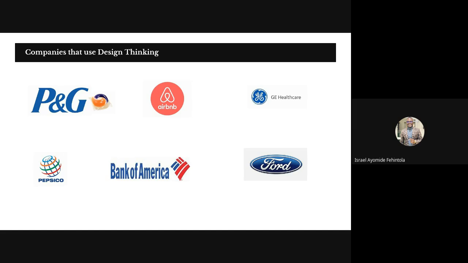Bank of America was not really a new product. It was just a change in the way they operate. So it doesn't have to be about introducing new things, writing new code, or bringing in new products. It could be that the customers want you to change something small in your product or in the way you operate.